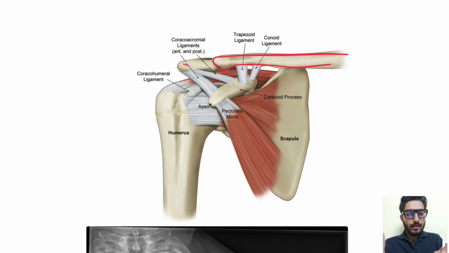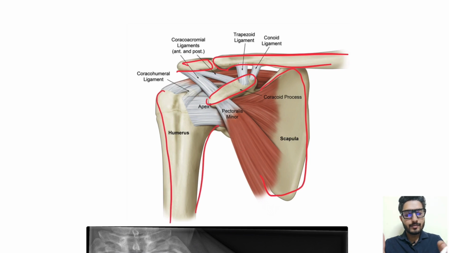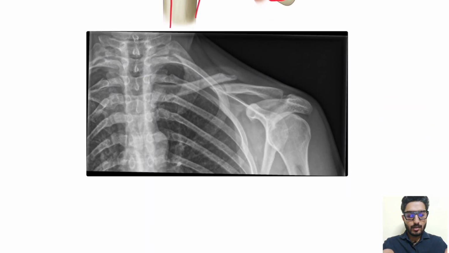This is the clavicle, this is the acromion, this is the scapula, this is the coracoid process, this is the humerus. What is important in this diagram is the conoid ligament and the trapezoid ligament.